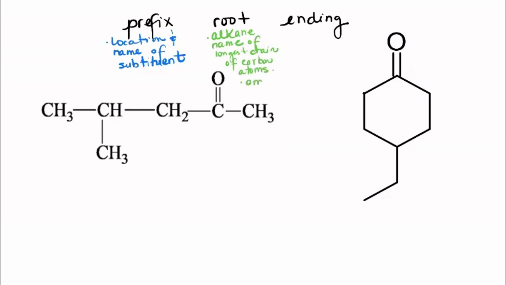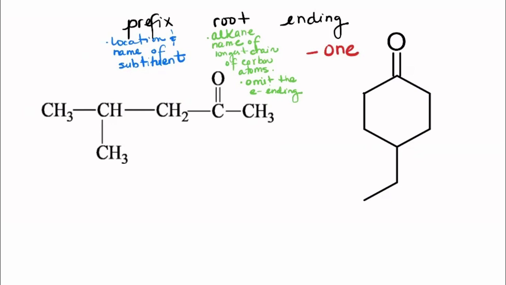And you're going to omit the E ending in the word. Next, the ending for a ketone is the suffix "-one".